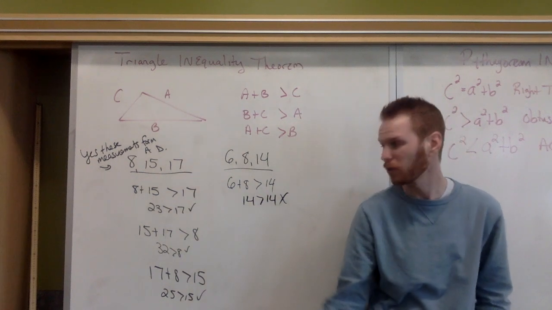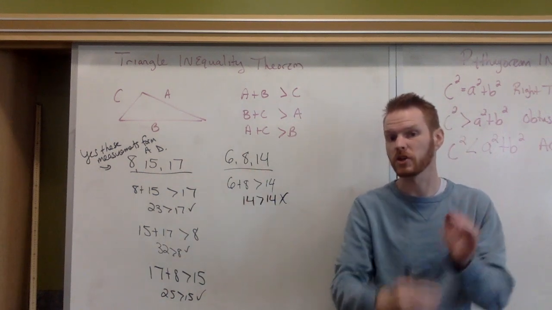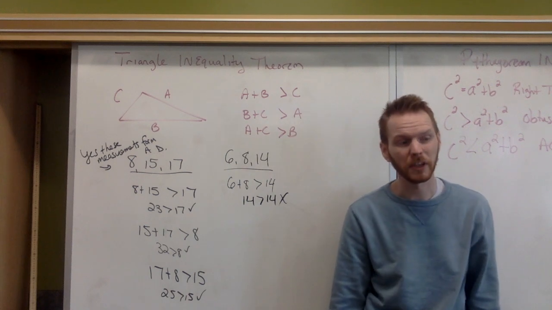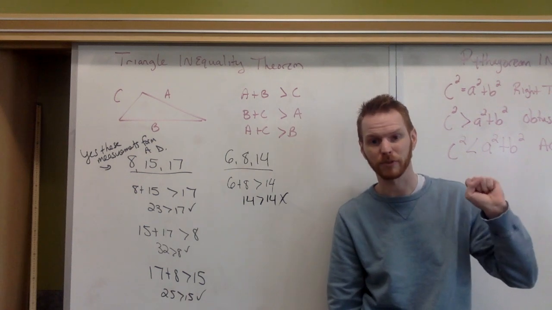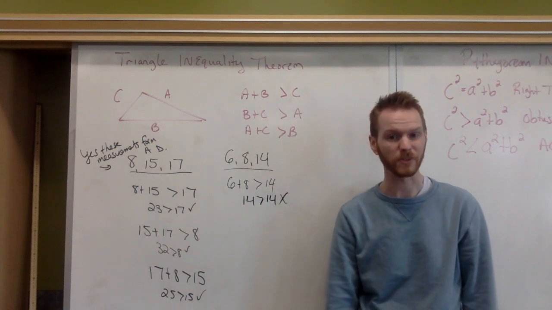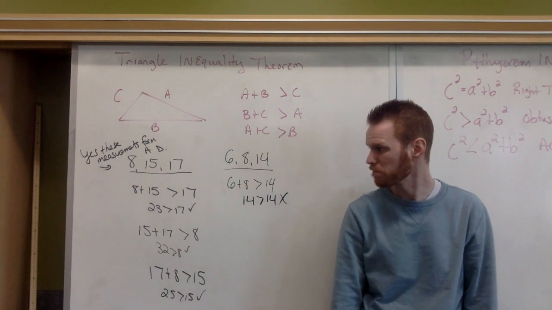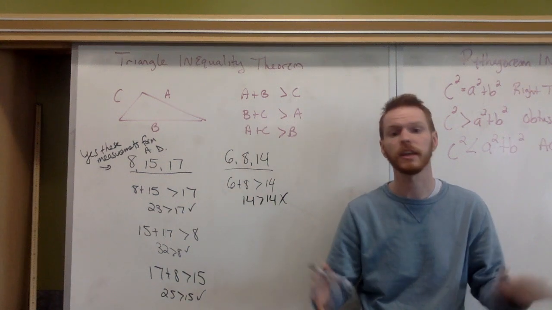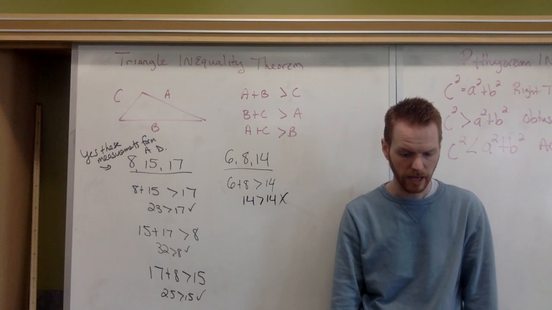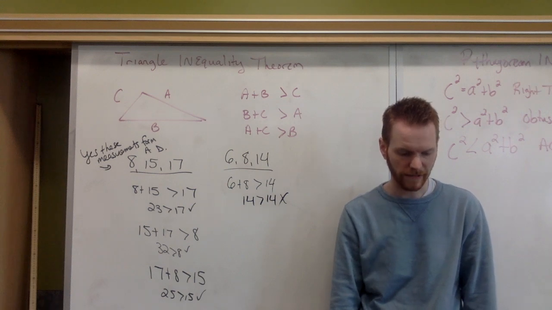Therefore, I cannot make a triangle with those measurements, whether it's in feet, inches, centimeters, kilometers, I don't care what we're looking at, whether it's an oversized map or building a triangular structure, you cannot make a triangle with those measurements. So, inequality theorem, can you make a triangle? That's the biggest thing there.